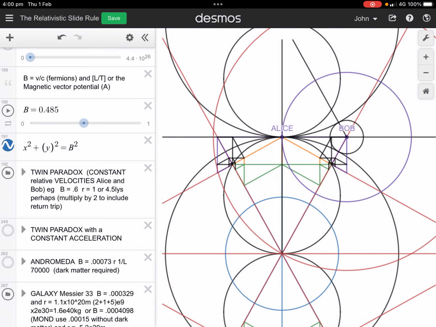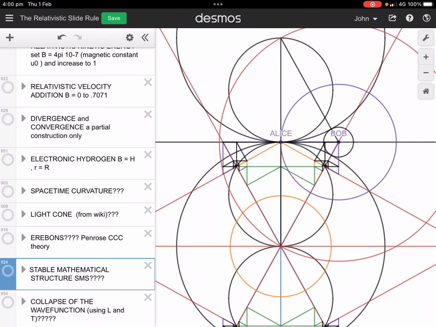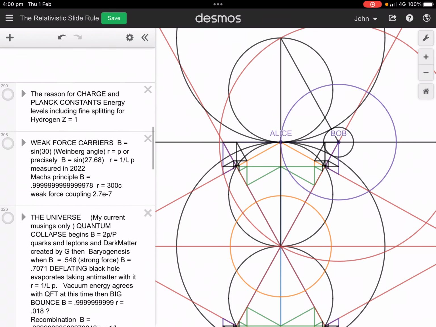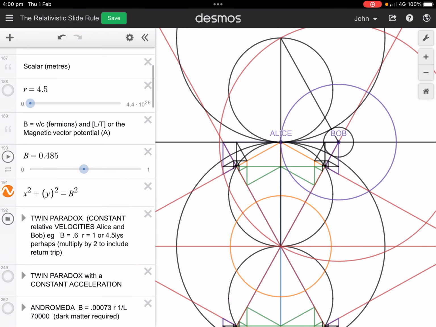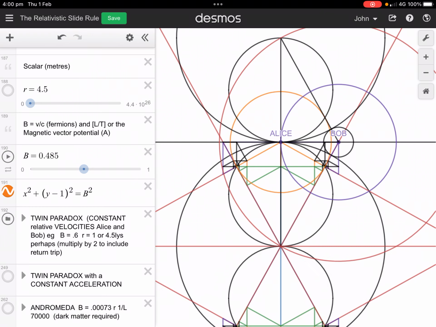So there it is, but it should be yellow, and it's in the wrong place. But I knew it was going to be in the wrong place, so I knew I'd have to subtract 1. Now it's in the right place.